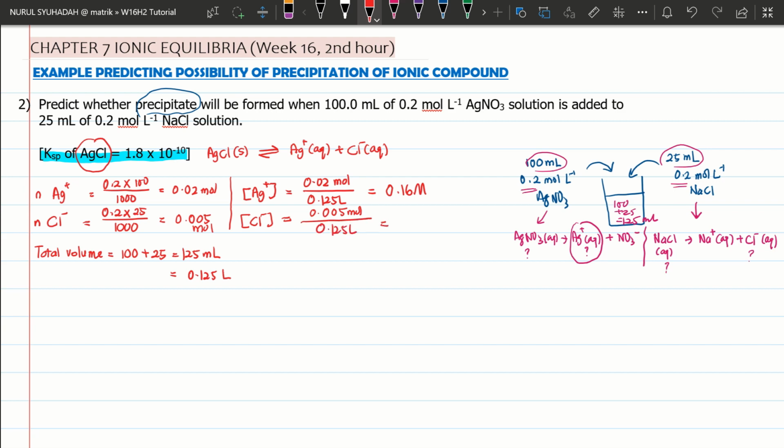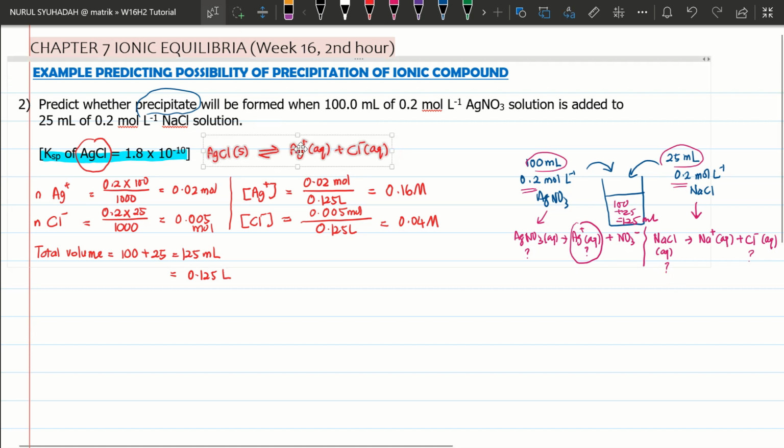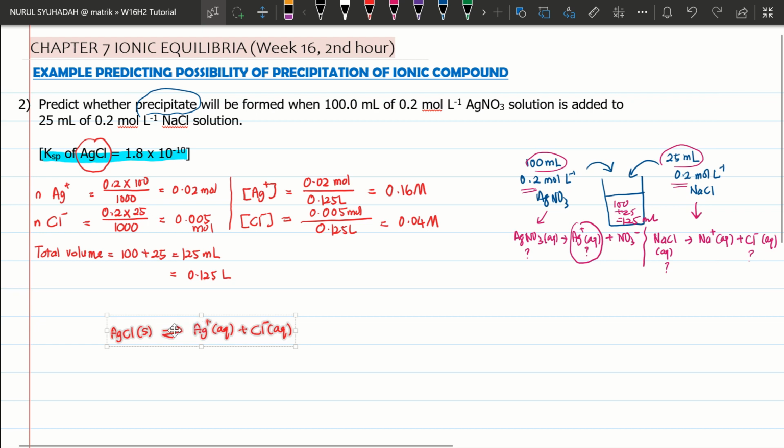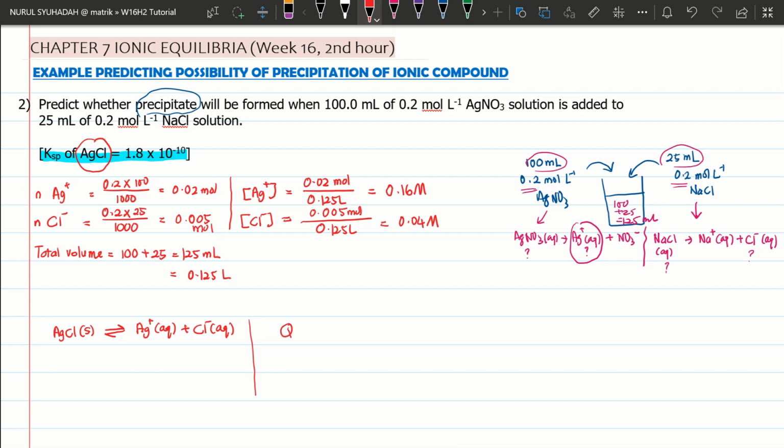So, akan dapat 0.04 molar. Okay, so ini tadi adalah kita punya equation untuk precipitate. So from here, kita cari value QSP.